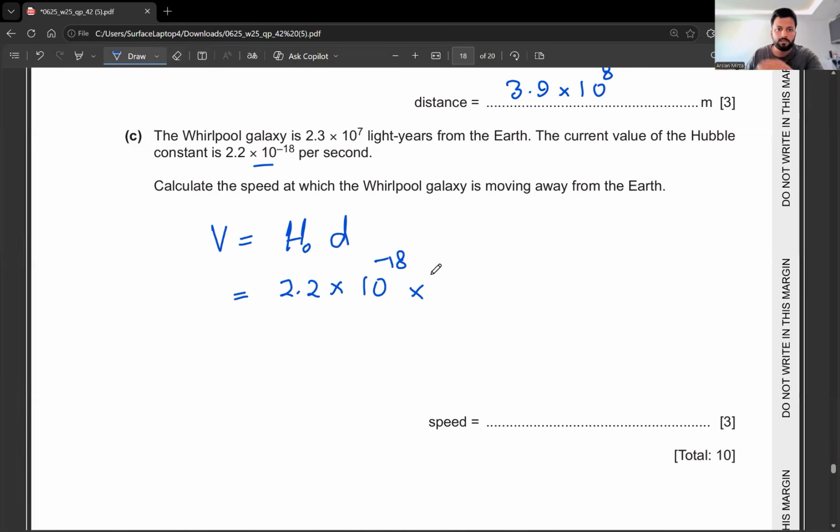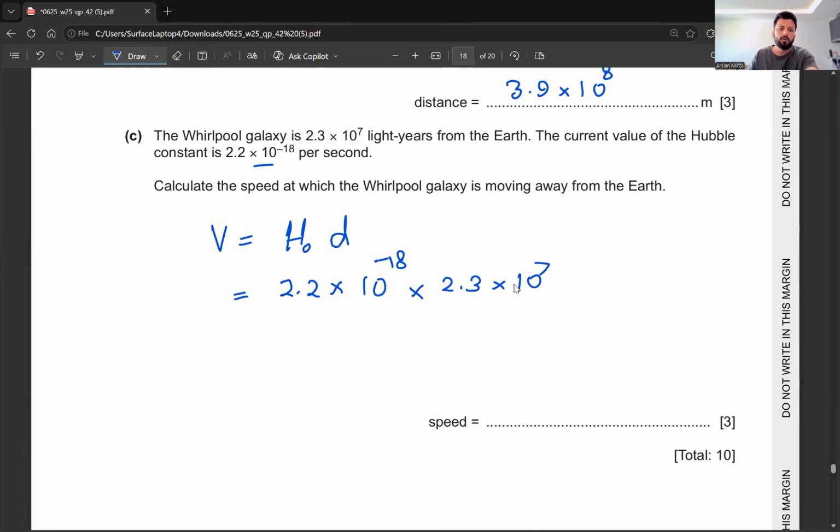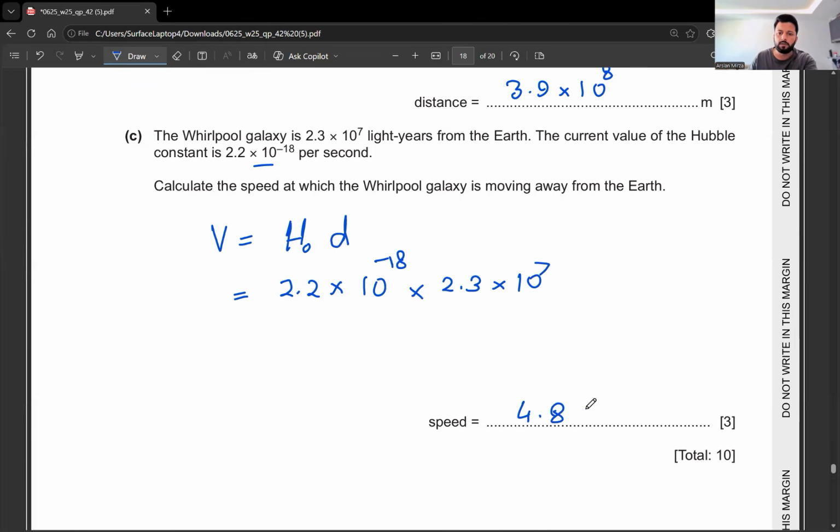The distance is given, so multiply this and you will get 4.8 times 10 power 5 meters per second. That is the speed of the galaxy.